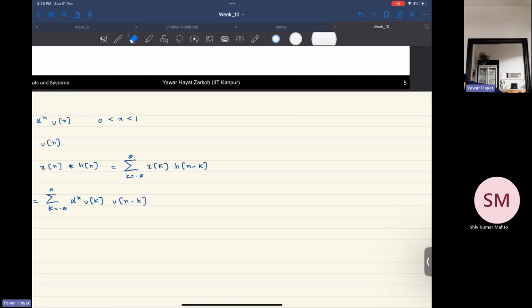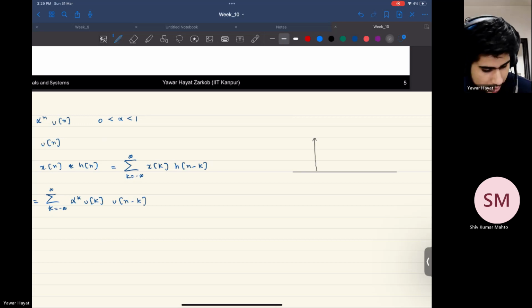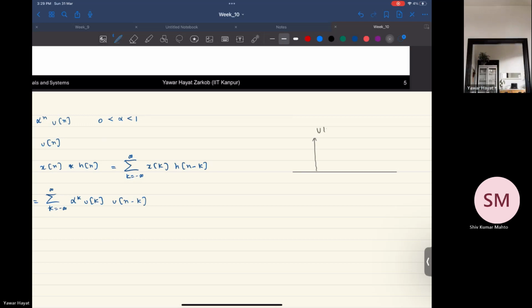Now pay attention. U of k samples like this, starting from k equals 0 all the way to infinity. What about u of n minus k?